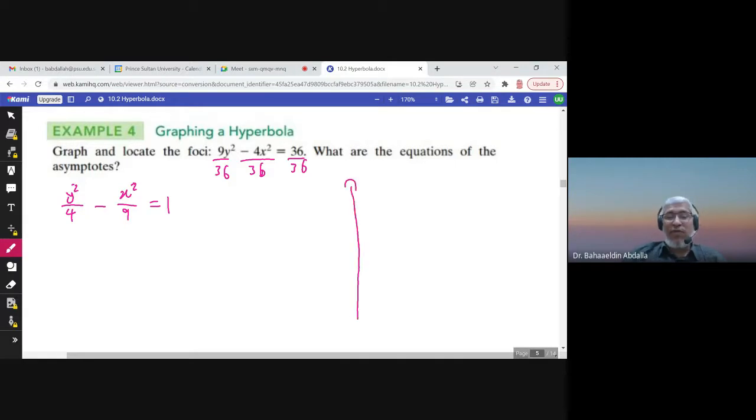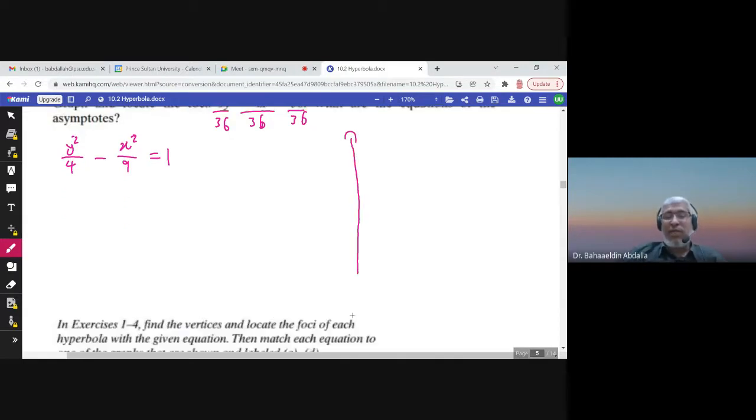To graph the hyperbola, the center is 0, 0. 2 units up and down, below y. 3 units right, left, below x. Draw the fundamental rectangle. Draw the asymptotes.